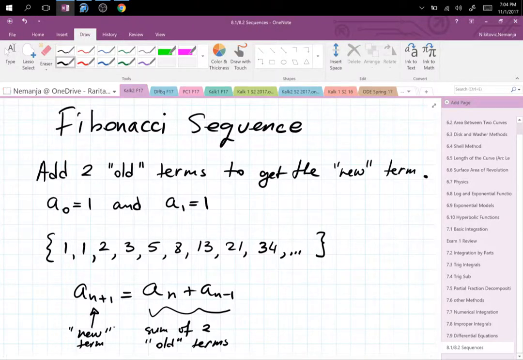You can write this any way you want. You can write it as a n plus 2 is equal to a n plus 1 plus a n. That's also three consecutive terms, right? There are many ways in which you can write this out. They're all valid. So now you know how to deal with sequence.